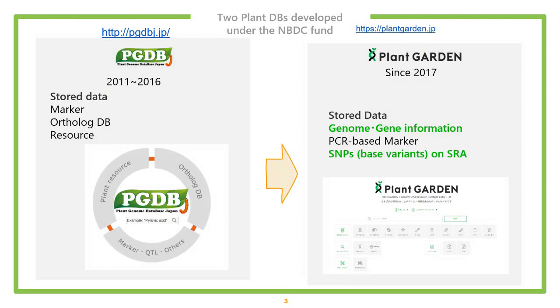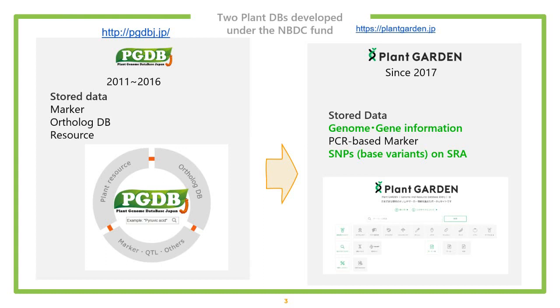Regarding database construction, we developed a plant genome portal site named PGDBj during 2011 to 2016. The database was for DNA markers and ortholog genes, and did not store genome sequences and gene information.